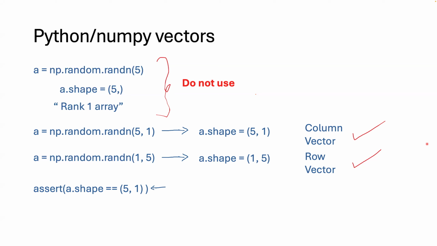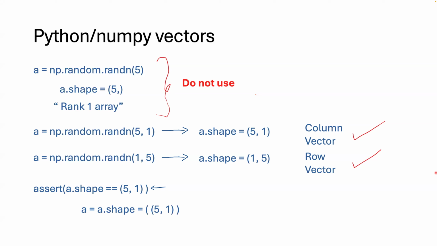And finally, if for some reason you end up with a rank one array, then you can reshape it: a = a.reshape. If you end up with a rank one array, I suggest always printing after every matrix operation, just to double check.